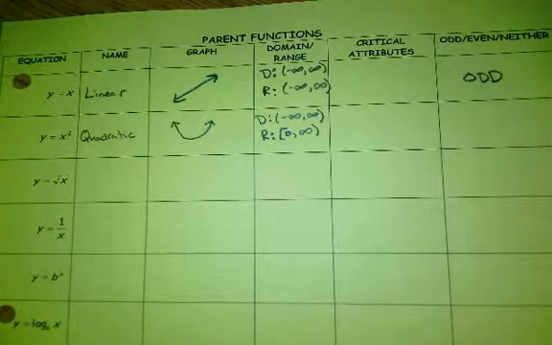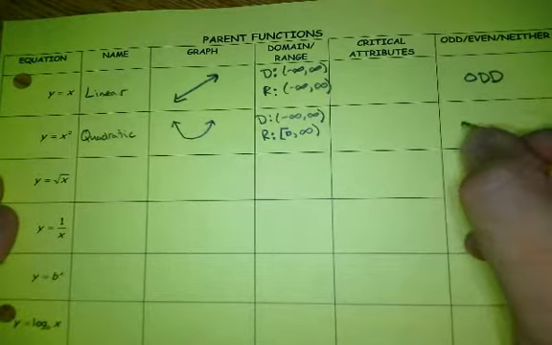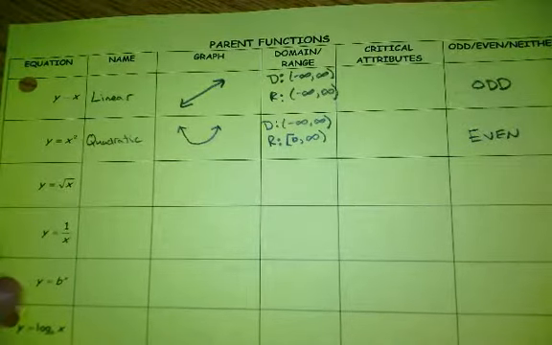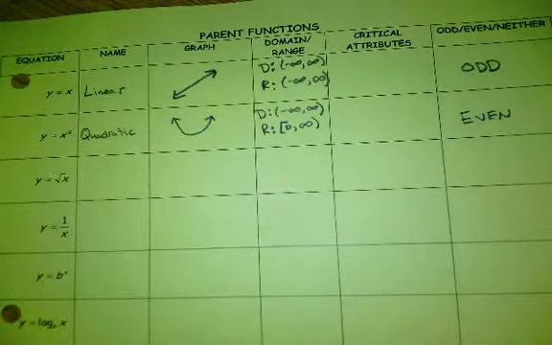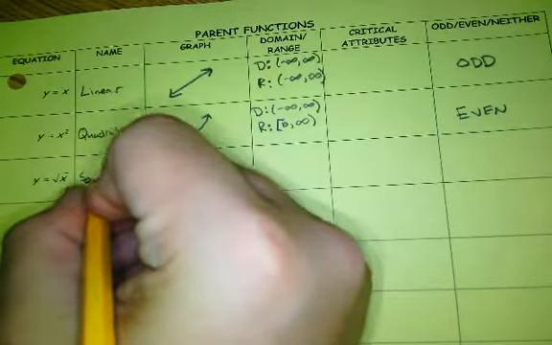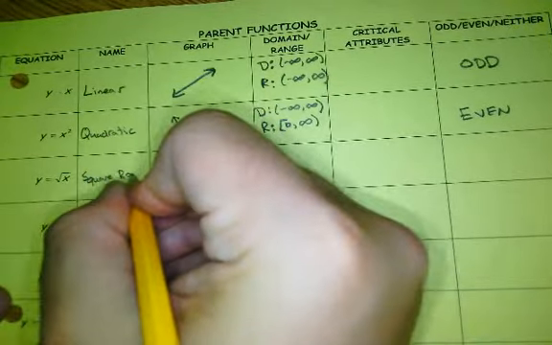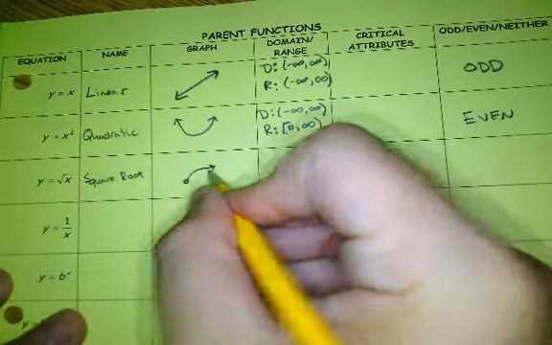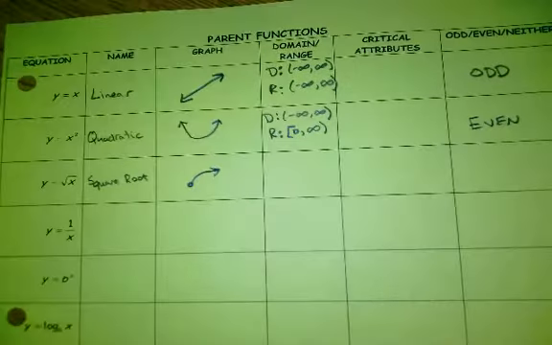Is this odd, even, or neither? Even. Y equals root x. That is a square root, or radical. Let's just call it a square root. Looks like that guy right there.